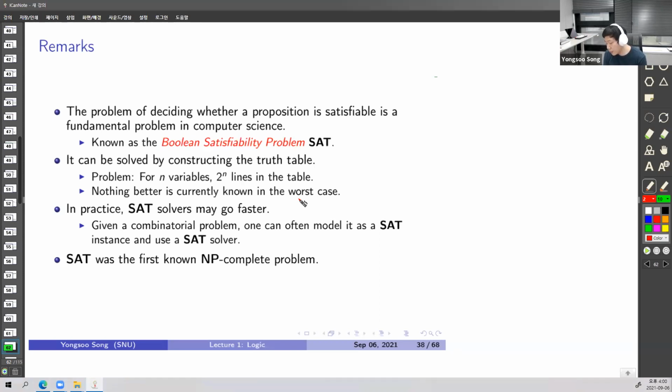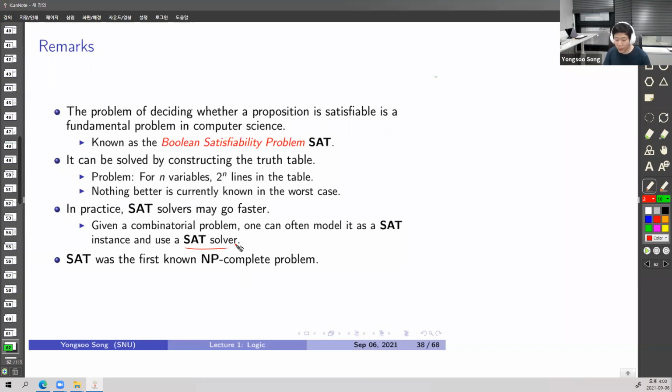When we solve some computational problems in combinatorics, we can sometimes represent the problem as a SAT problem and use a SAT solver. There are very well-known, high-quality, popular libraries which efficiently solve SAT problems. But of course, there are some instances which are not easily solved by such a solver. So in the worst case, it could take 2 to the n time, but in the average case, it could be very fast.